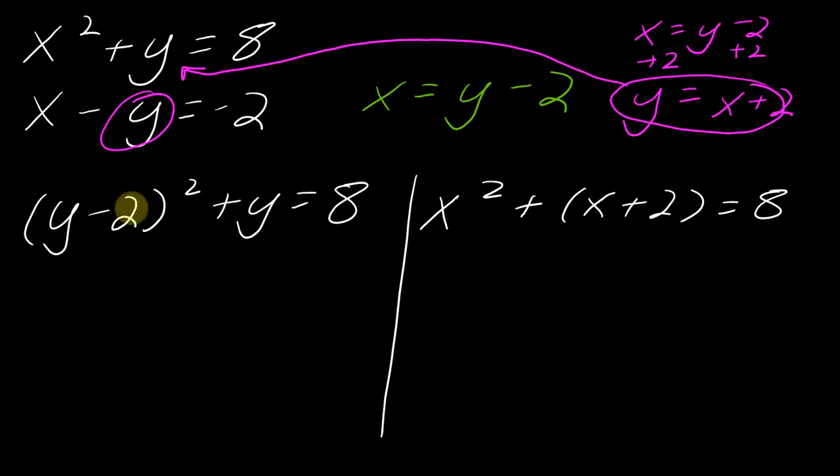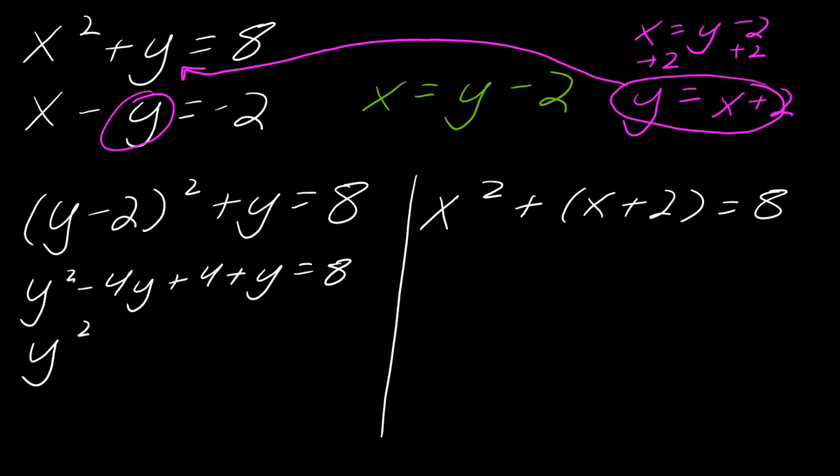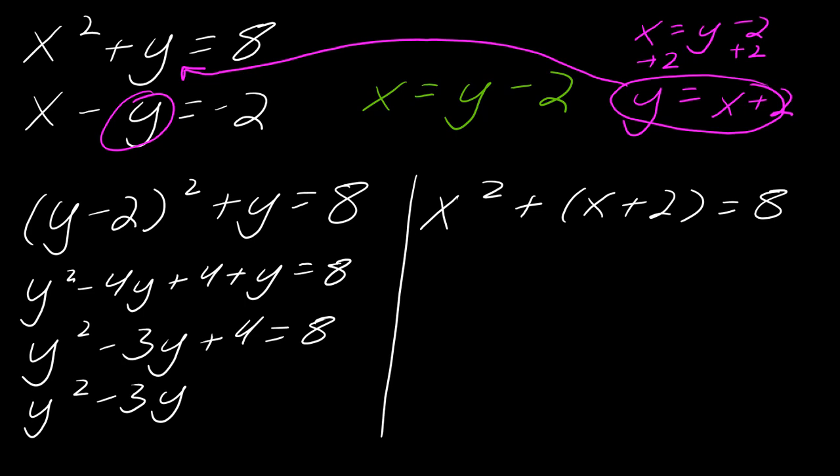In this case, I think this is the harder side because I'd have to FOIL this out. So this is y squared minus 4y plus 4 plus y equals 8. Then this becomes y squared minus 3y plus 4 equals 8. Then I can subtract off the 8, so I have y squared minus 3y minus 4 equals 0.